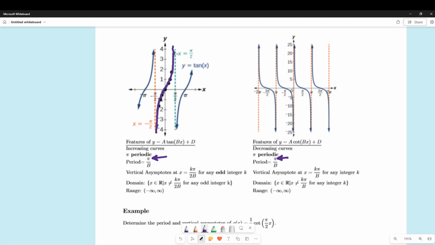And you remember from your unit circle, tangent goes through its positive values in quadrant 1, then its negative values in quadrant 2, and then starts over again with its positive values in quadrant 3 and its negative values again in quadrant 4. So it really goes through all of its values in that first half rotation. So we could consider its period to go from, say, this center up, and then from here to that center.